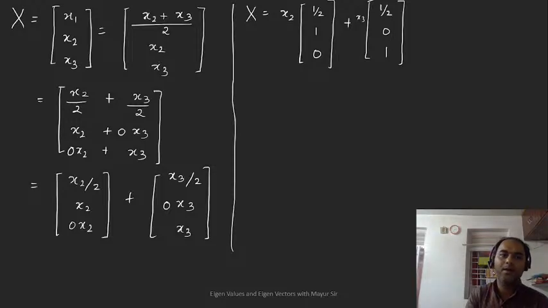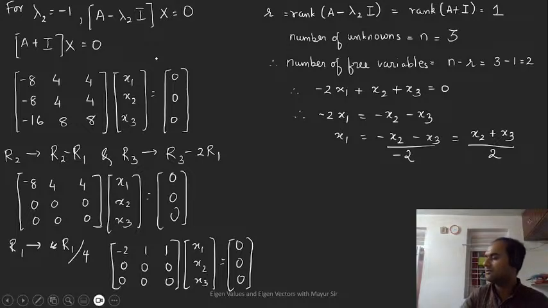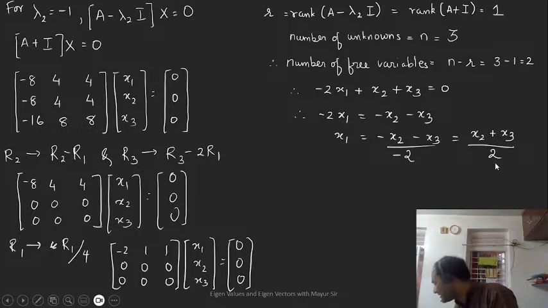When you substitute, you get the relation x1 equals x2 plus x3 upon 2. That is the relation you got. Am I clear? I think Priya has a network issue, so are you comfortable till this step?